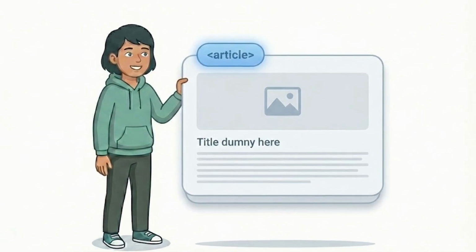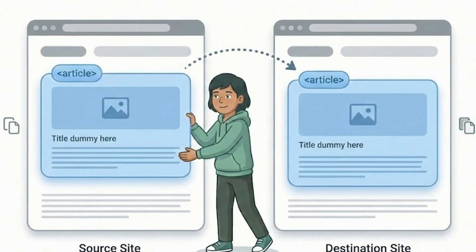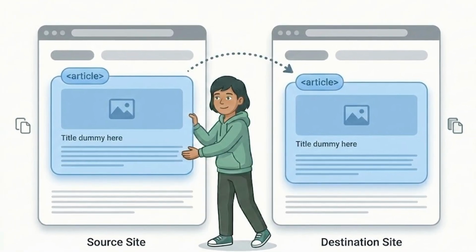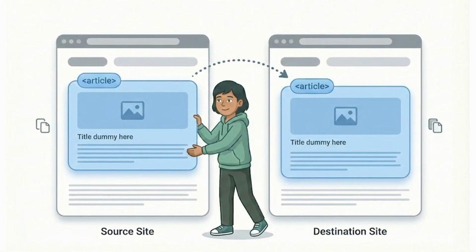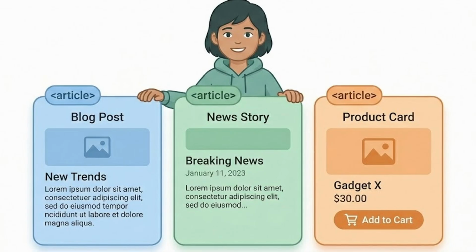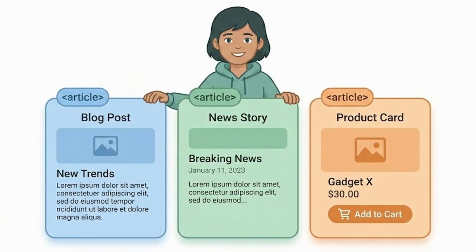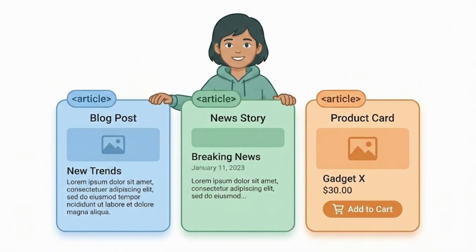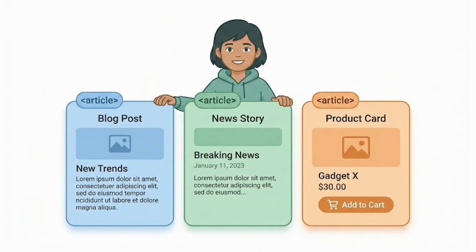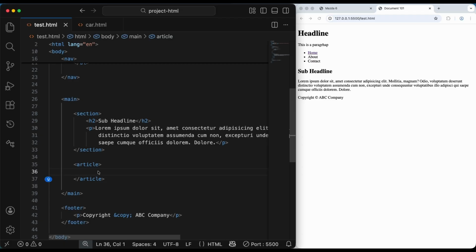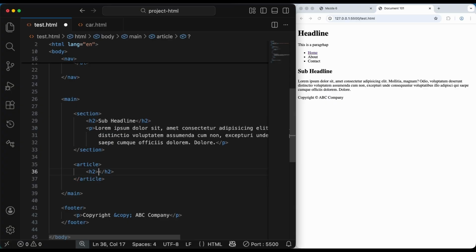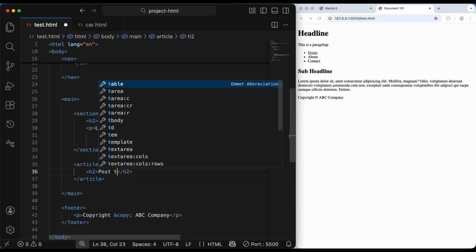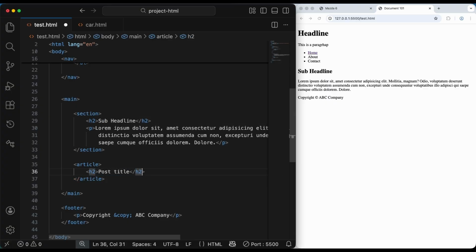And then we have article. The article is self-contained. If you cut this piece and paste it into a completely different website, it would still make sense. We use the article tag to create the structure for a blog post, news story, or product card. As we did before, we can just create an h2 tag and close it and say post title, and then here we can add a paragraph tag.